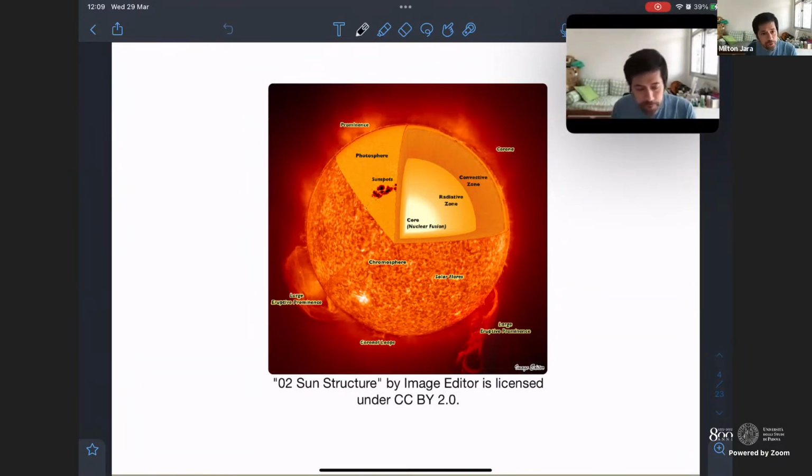All of these are examples of non-equilibrium stationary states, and I tried to select some dramatic examples because what I want to say is that non-equilibrium stationary states are very complex.